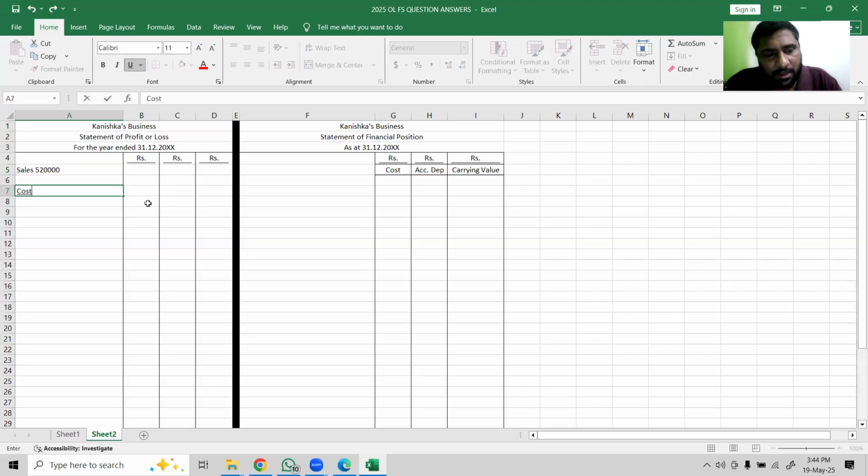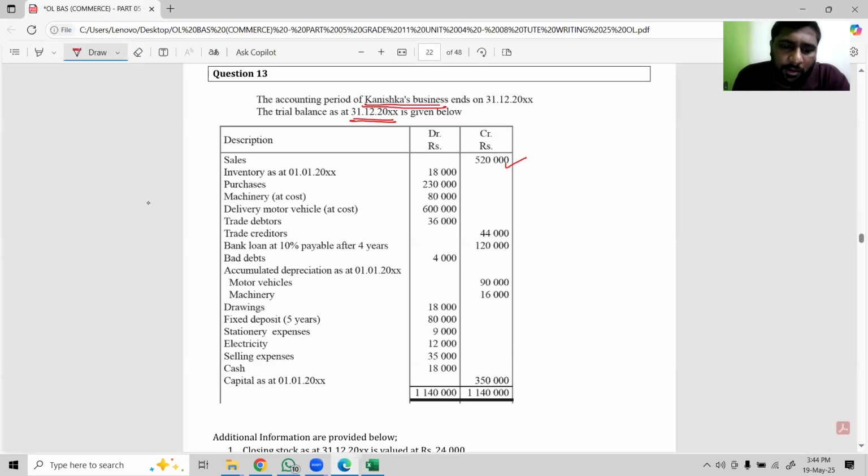Then we have the cost of sales. To calculate the cost of sales, we need the opening inventory. How much is the opening inventory here? See, the date is given 1st January. The date is 1st January.